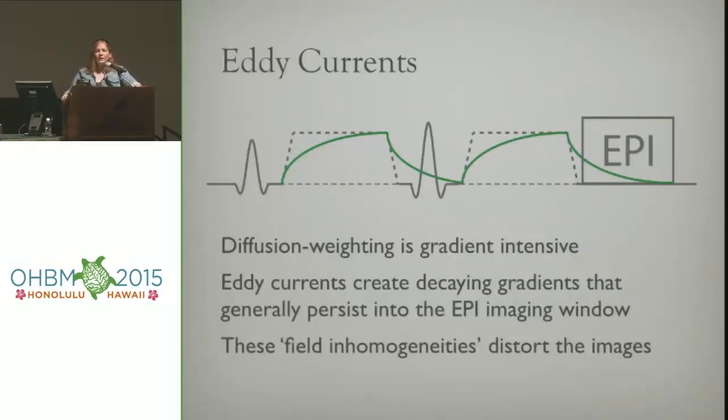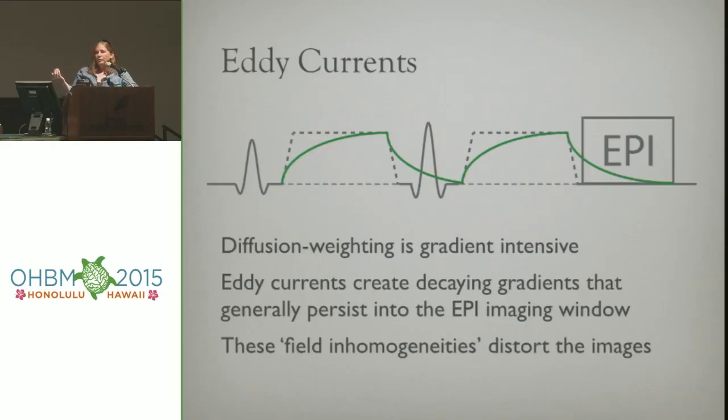When you have that kind of acquisition, it turns out that when you try to turn these gradients on, you can't immediately switch them on. There's basic physics that says it takes some time for that field to ramp up, and also some time for the field to ramp down. That field ramping down can creep into your EPI acquisition.